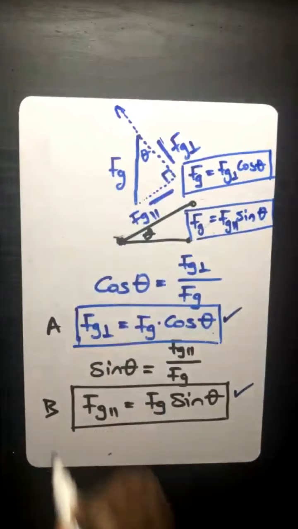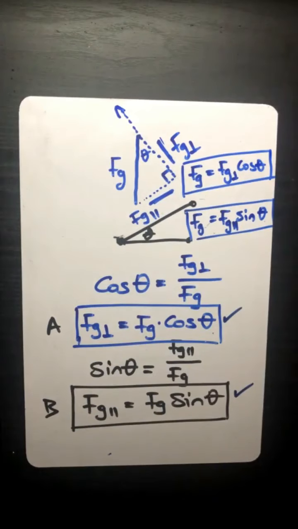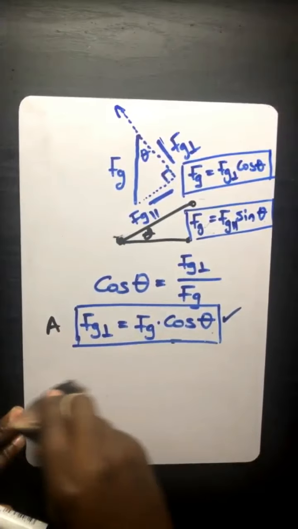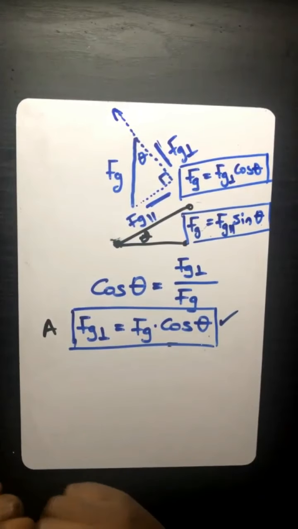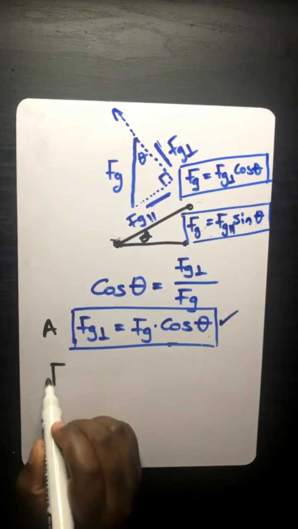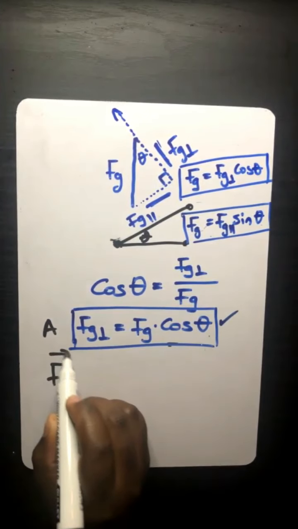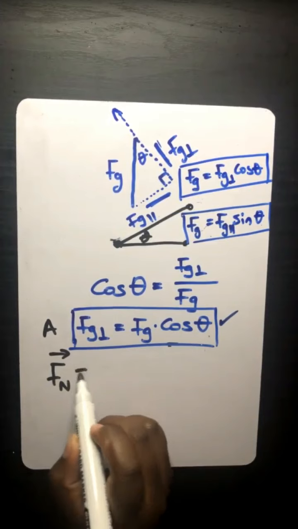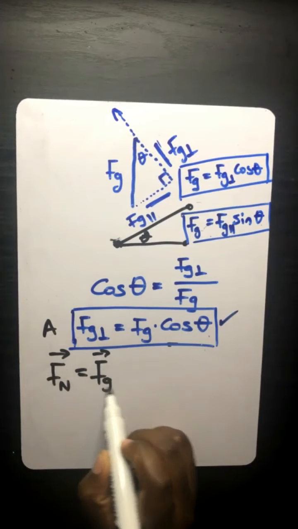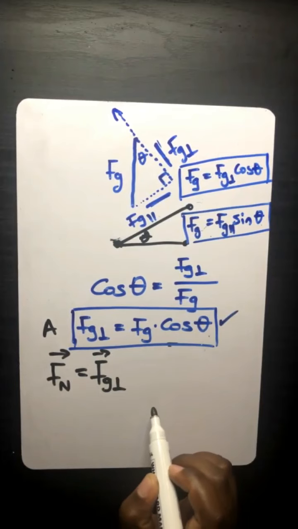FG perpendicular. A. 100%. So I'm going to talk more about that one. Do you agree that force normal, which is a vector quantity, is equal to force of gravity perpendicular? Do you agree with me on that one?